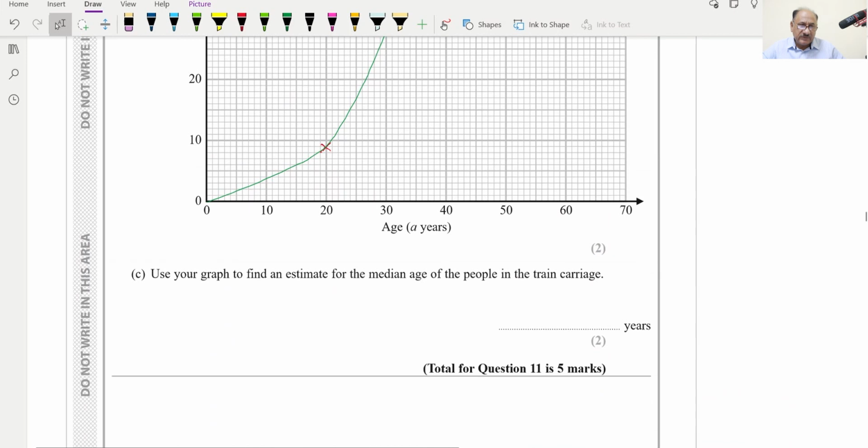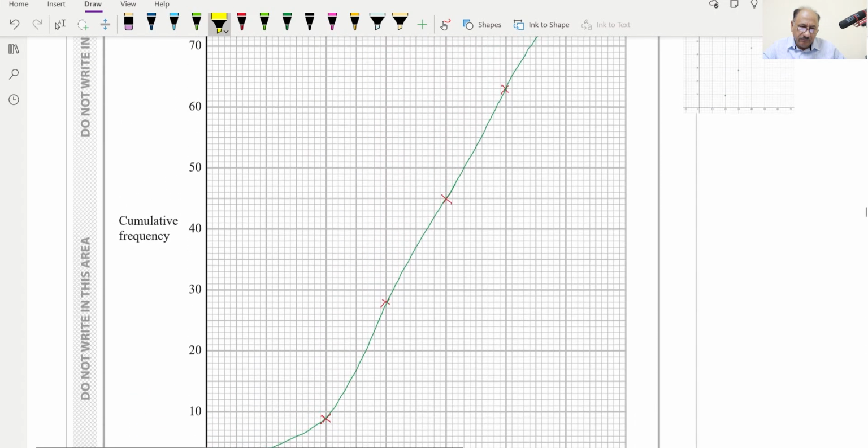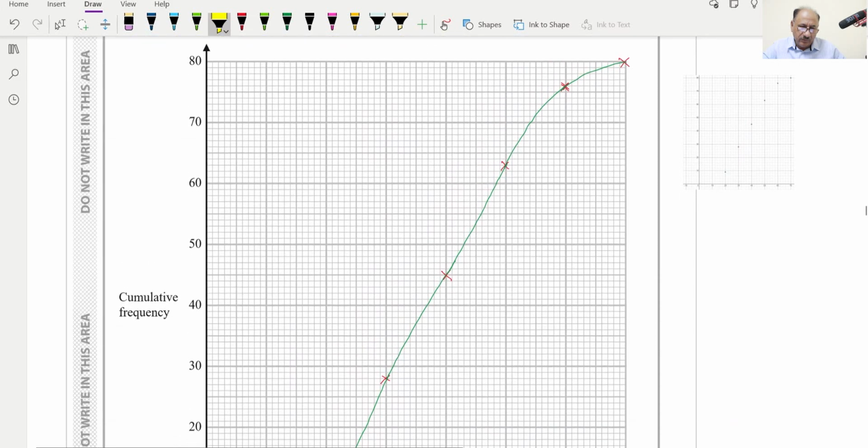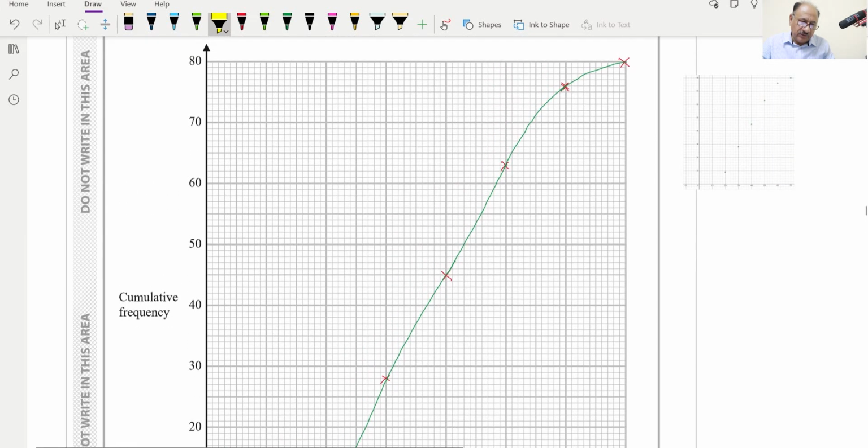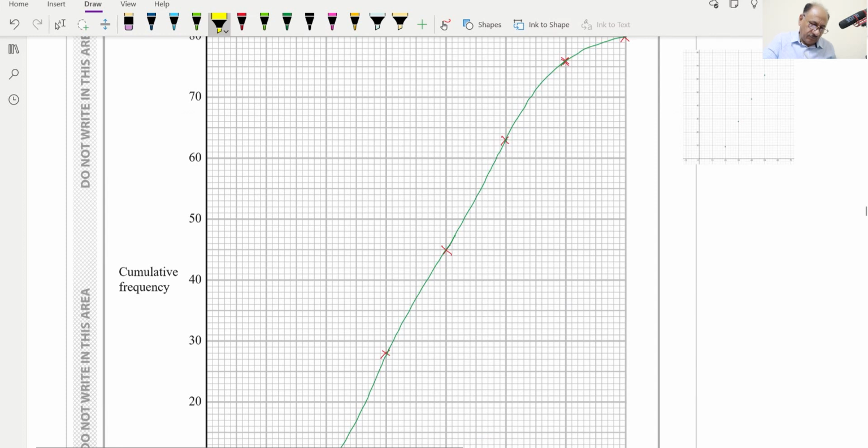Now the next part C, they're saying use your graph to find an estimate for the median age of people in the train carriage. The median will be the middle value, so we check not the 50th percentile but, in this case, 40.